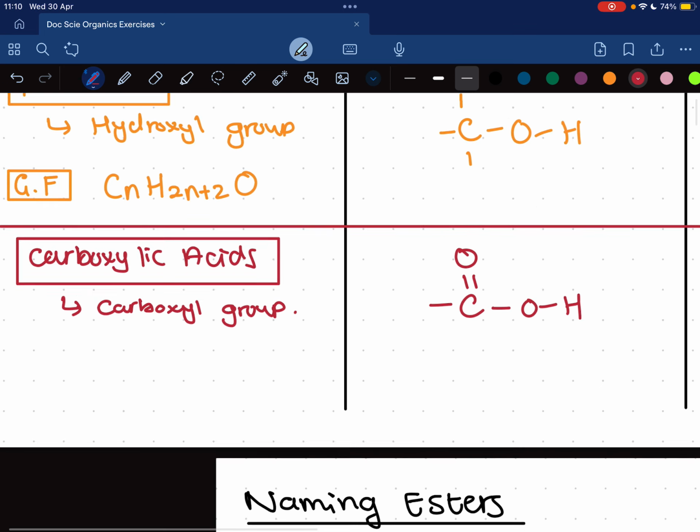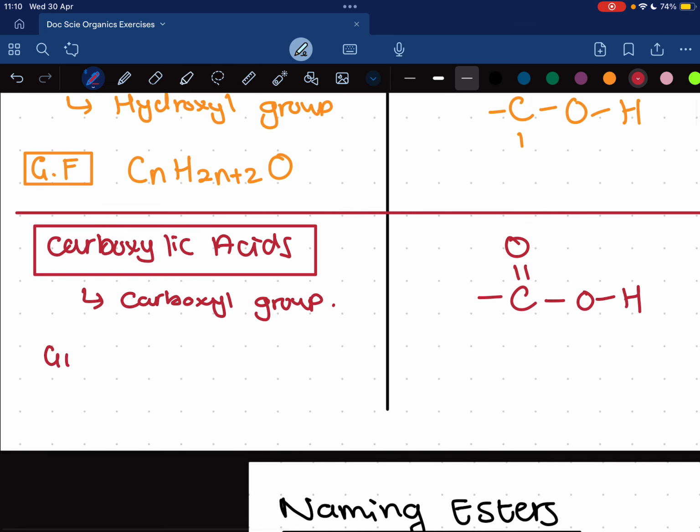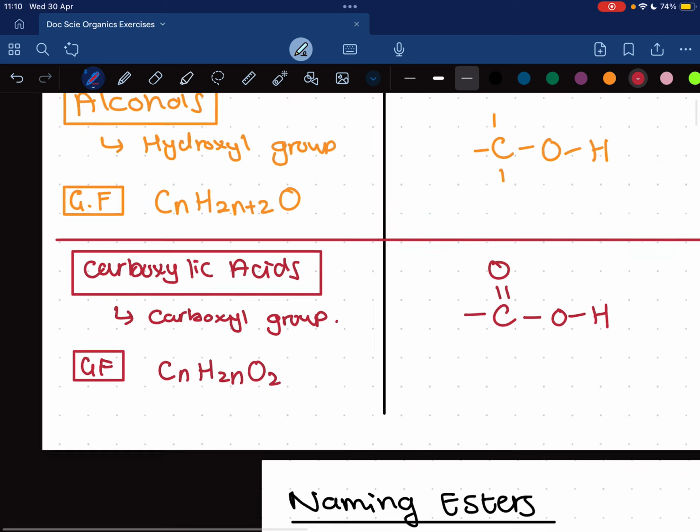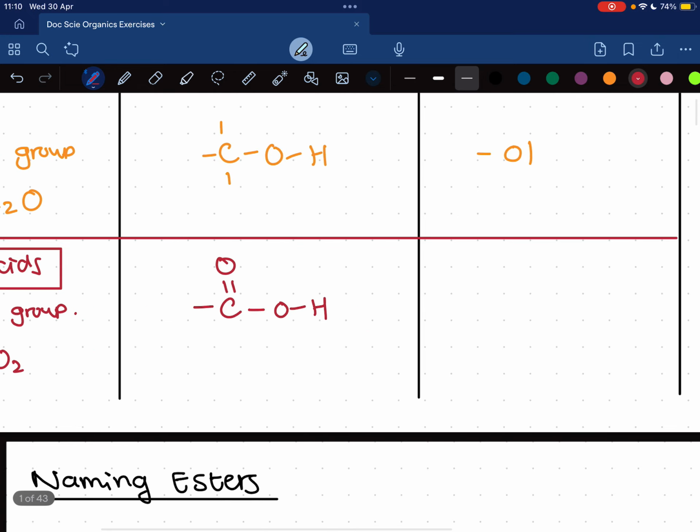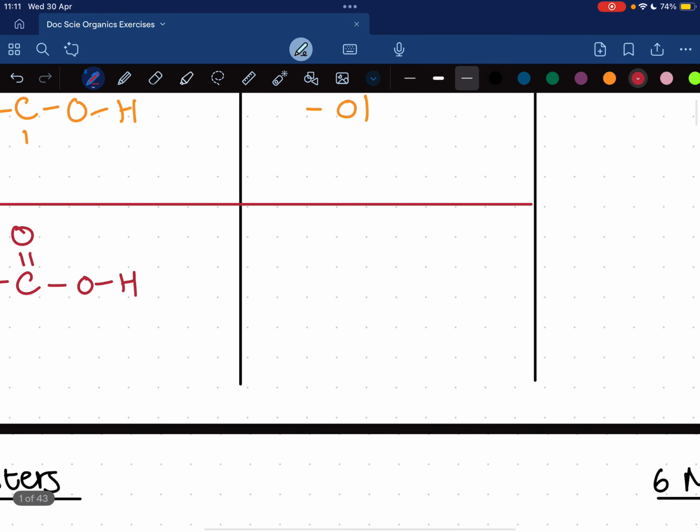The general formula for a carboxylic acid is CnH2nO2. Carboxylic acids will always end in the words "oic" and then "acid".